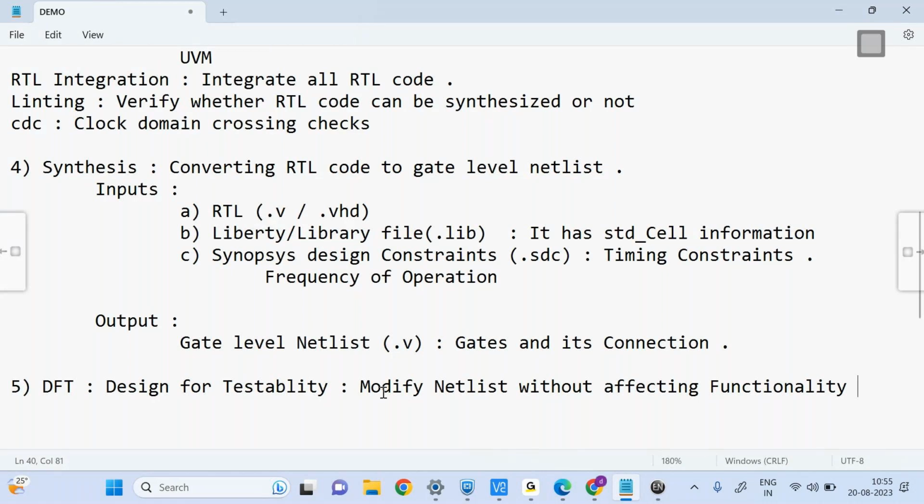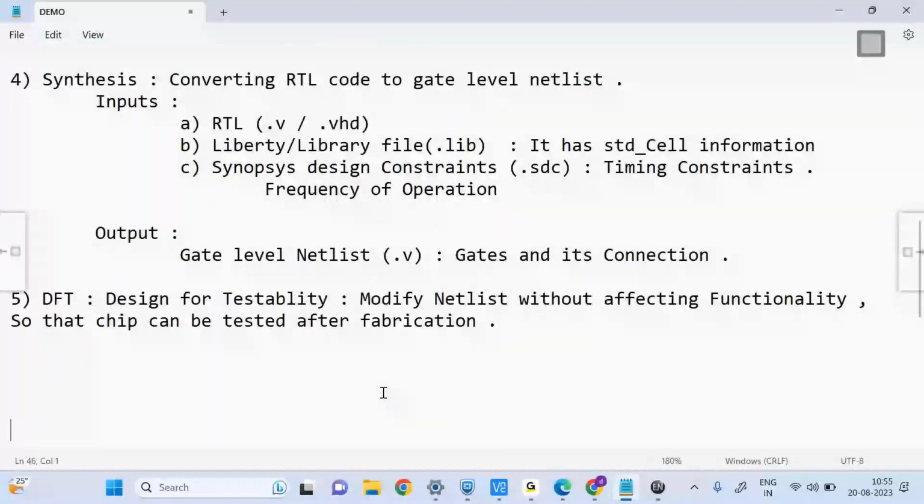Modify the netlist without affecting functionality so that the chip can be tested after fabrication.